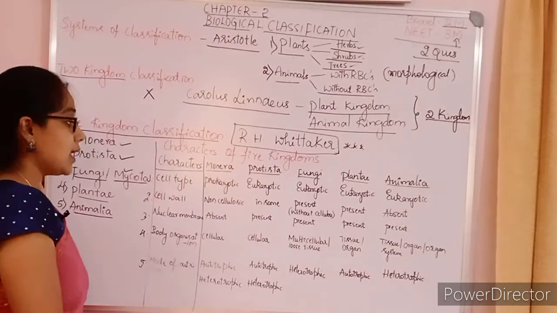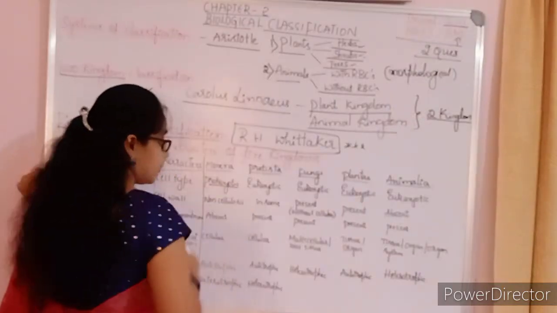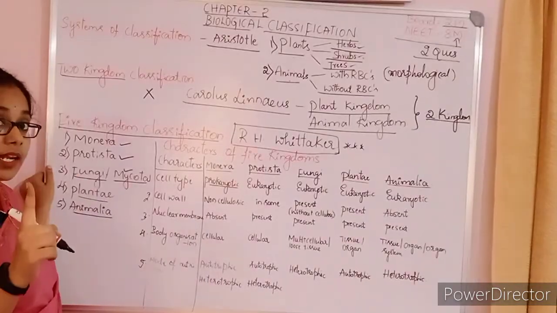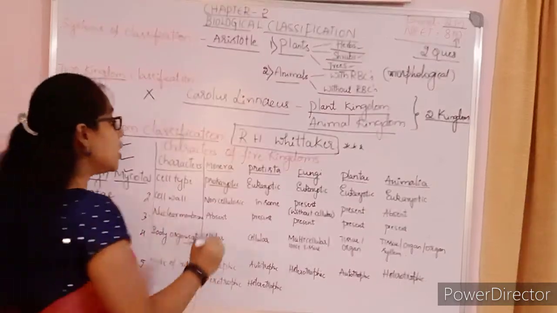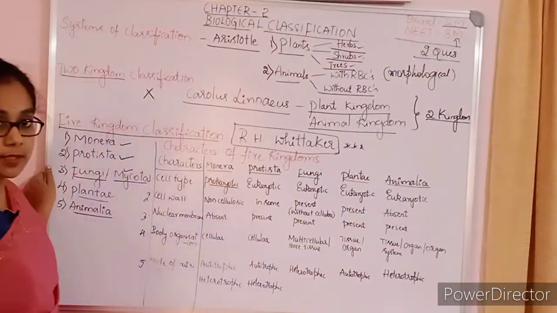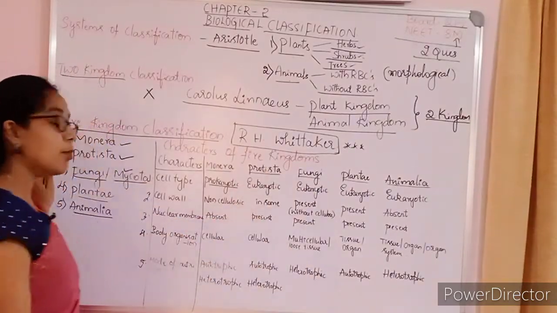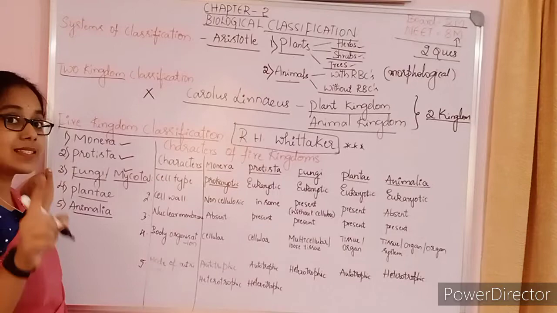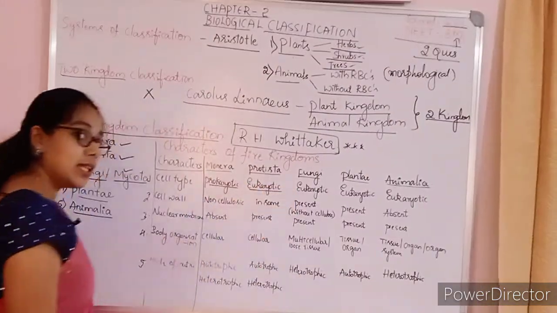Those organisms must be always prokaryotic. Okay, so Monera always includes organisms which are prokaryotic. Got it? And next, coming to the Protista. Protista includes the organisms which are eukaryotic.